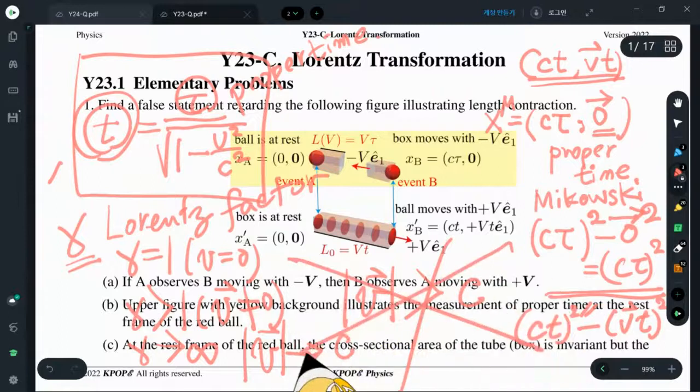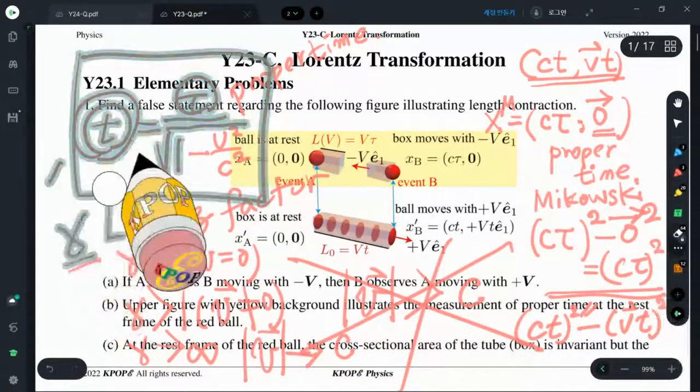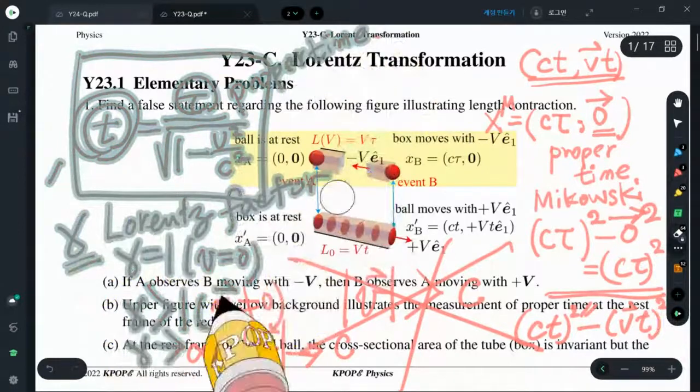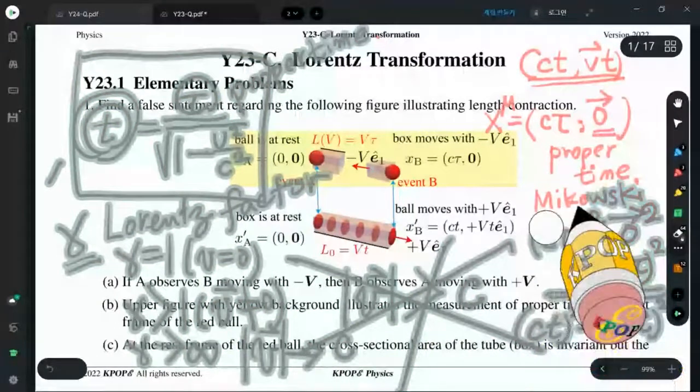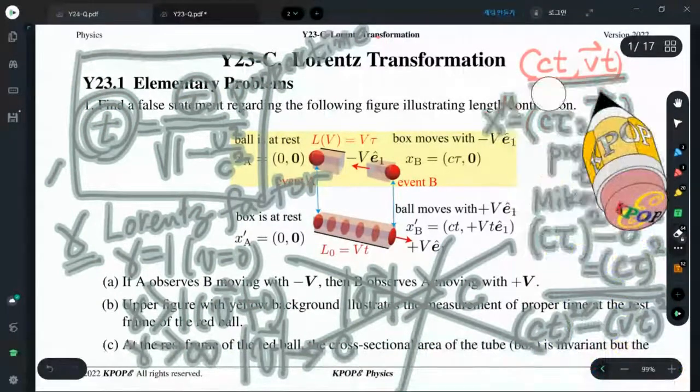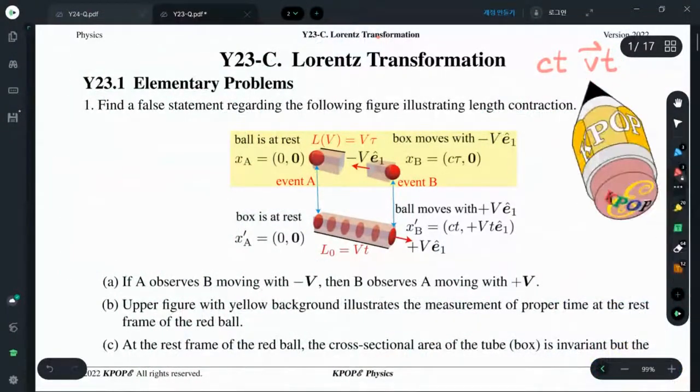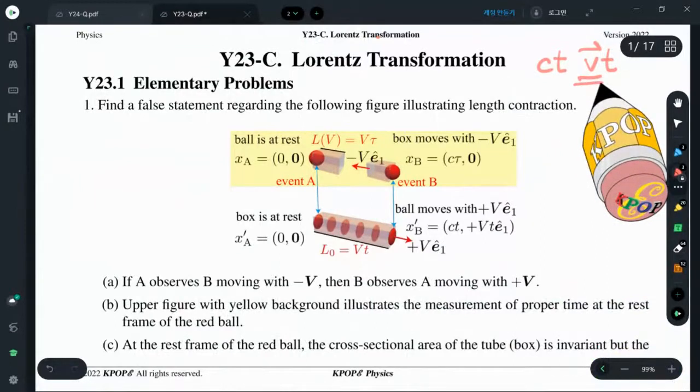Never happens. Using this one, we will find the length along the longitudinal direction. Longitudinal means the direction parallel to the relative motion shrinks.